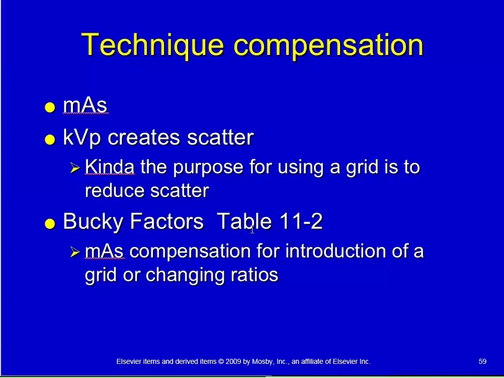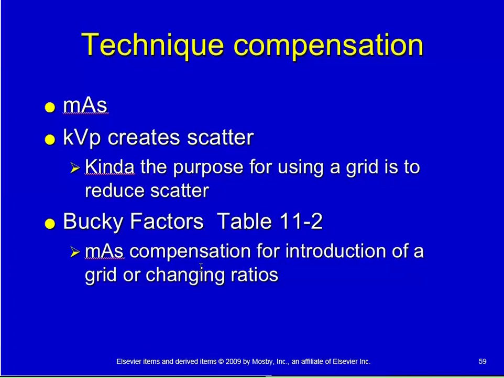Now, if you look at table 11-2 on page 197, you see approximate Bucky factor values for different types of grid ratios. A Bucky factor is the technique compensation for the introduction of a grid. So if you look on page 197, at the bottom right-hand corner, you see table 11-2.